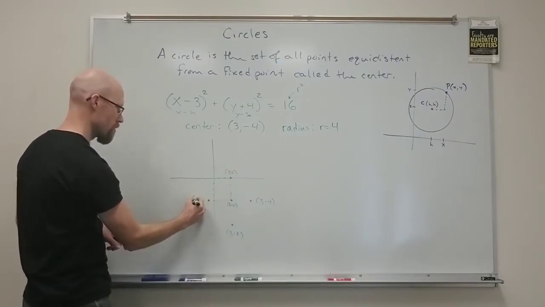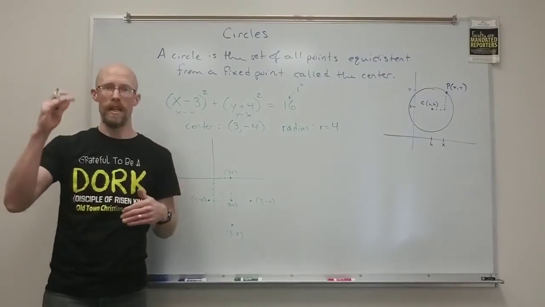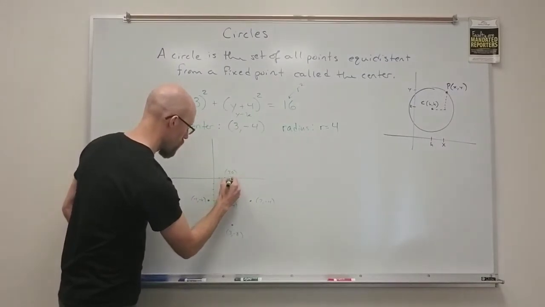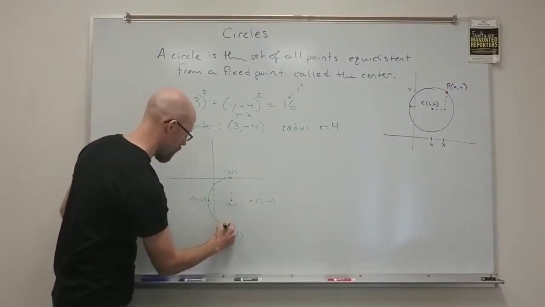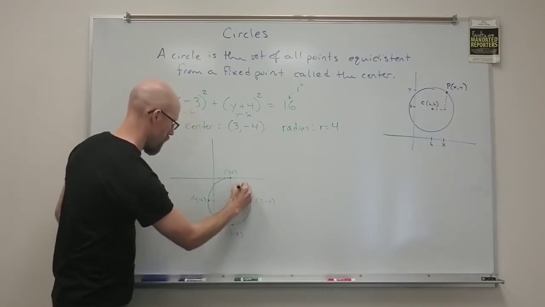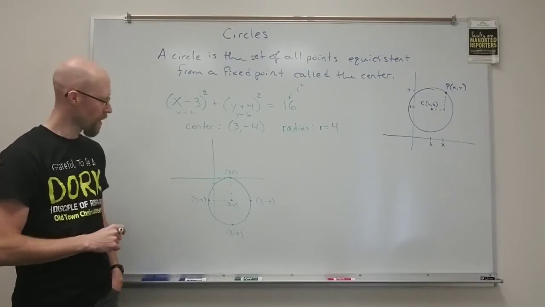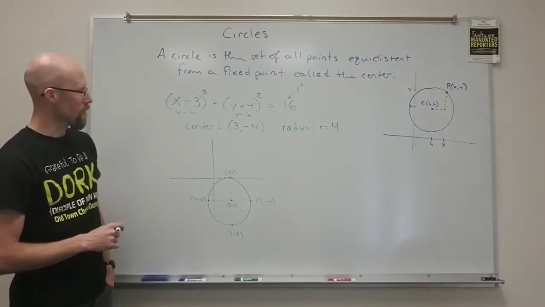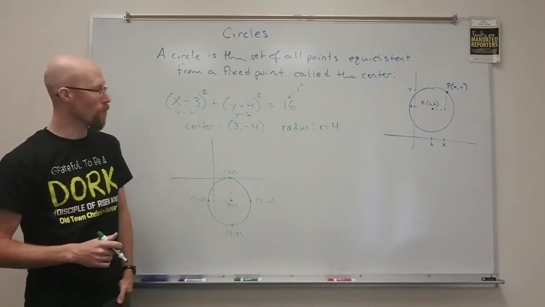And here it is (-1, -4). So that gives me 4 units in each direction for the radius, and then I can connect those with as good of a circle as I can draw. It's a little bit egg-shaped, but it works. Not too bad. So there's my circle. Found the center, found the radius, got the graph. That will work.